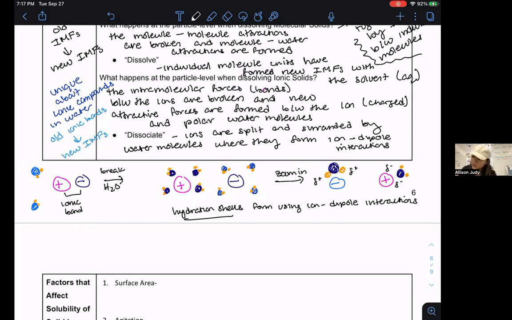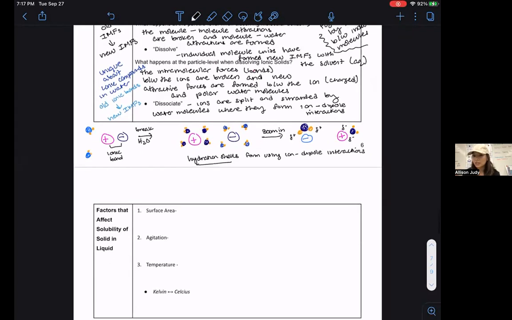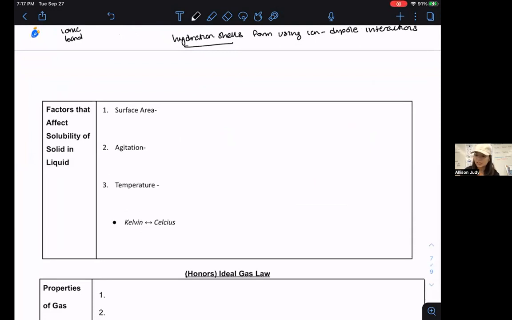Okay. So that being said, let's look at factors that affect solubility of specifically solids in liquids. Let's turn our attention from analyzing previous types of solids to now just general solids. So here's the goal when we talk about increasing solubility.